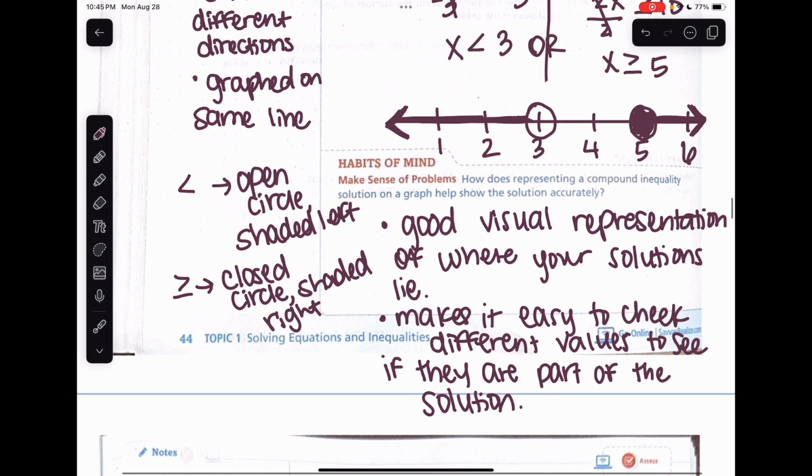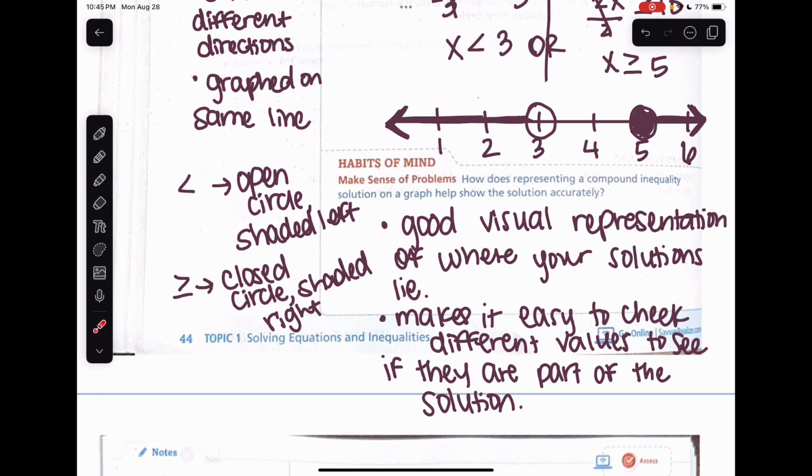Okay. All right. So for example, like if I asked for like 3.5, if I asked you to test 3.5, so is 3.5 part of the solution? Well, I could locate 3.5 on my number line and say, well, it's not in either one of my shaded areas or on this closed circle. So no, it's not part of the solution.